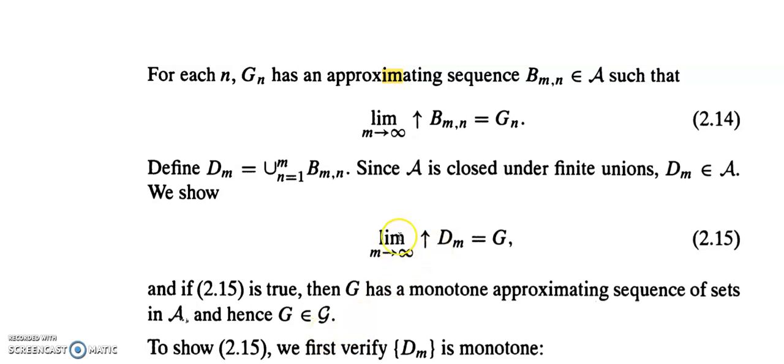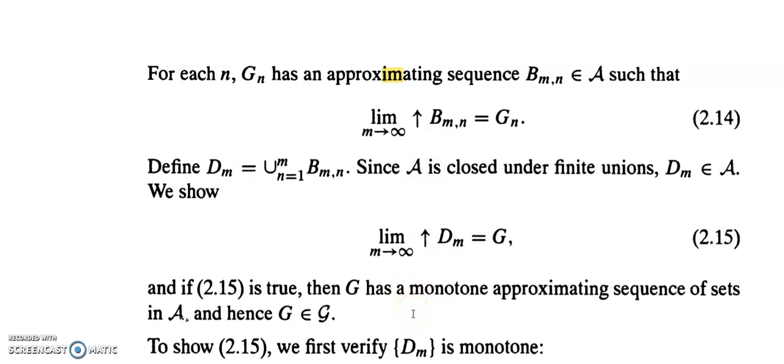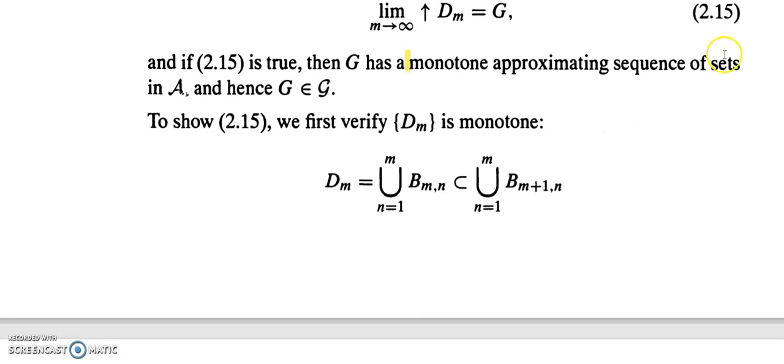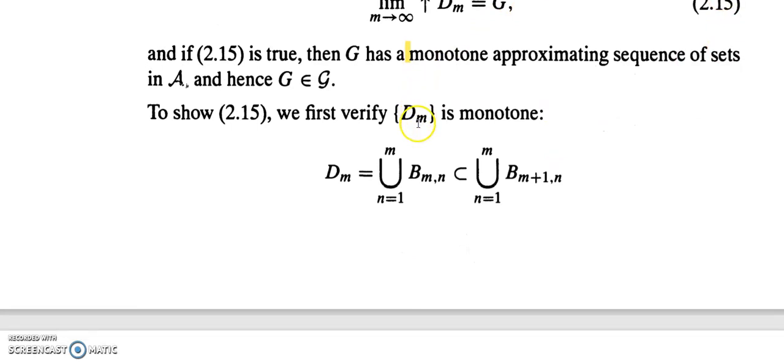To prove dm is an increasing sequence, or to prove dm is monotone: dm equals union n equal to 1 to m Bmn by definition. And each Bmn is contained in Bm plus 1 n.